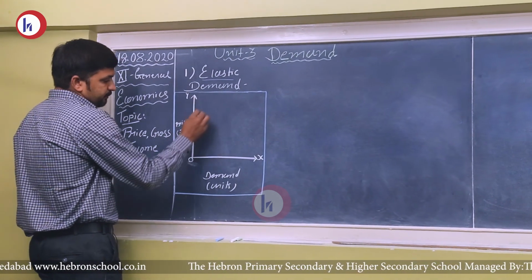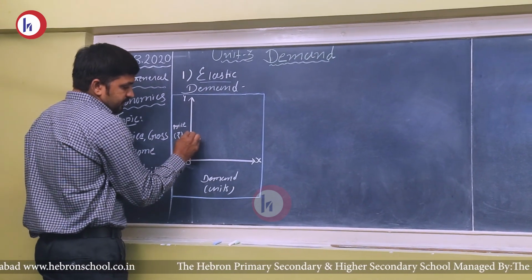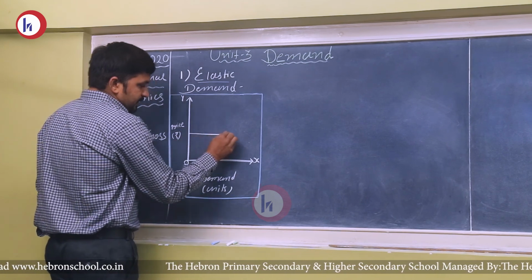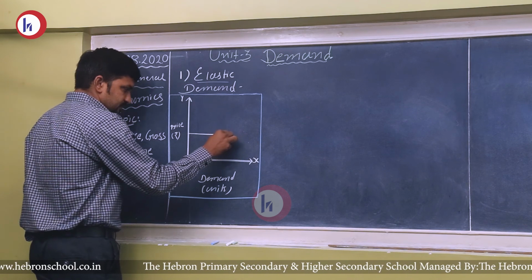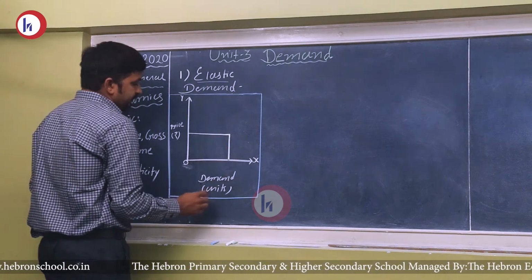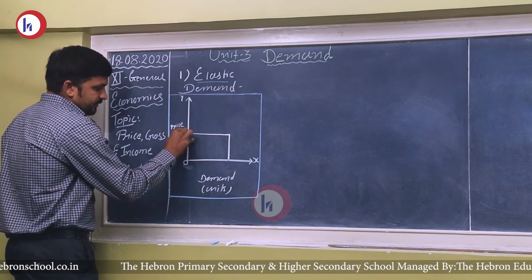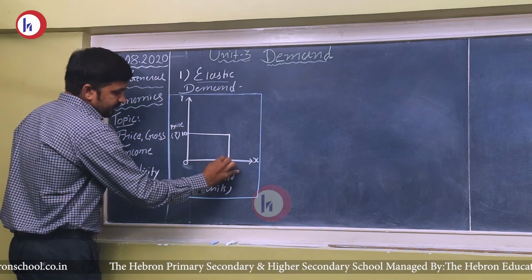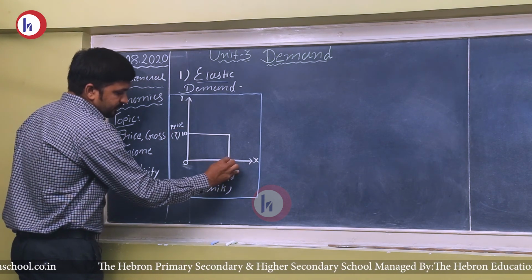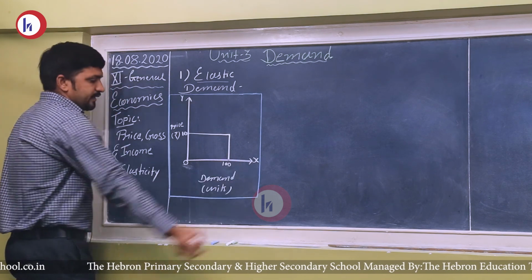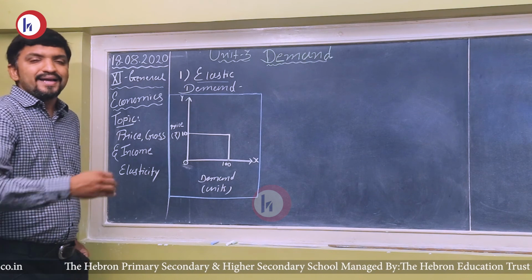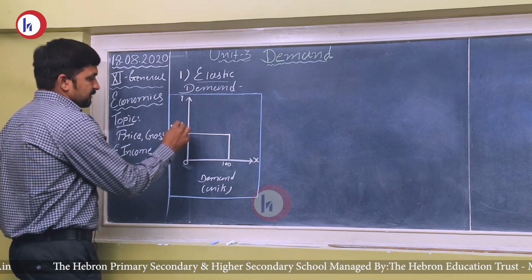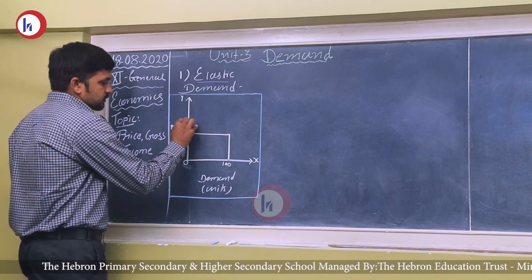Suppose the price of a commodity is rupees 10 and the quantity demanded is 100. So let me write 10 here and let me write 100 here. Now, if the price rises by 20%, that is, the price of the commodity becomes 12.